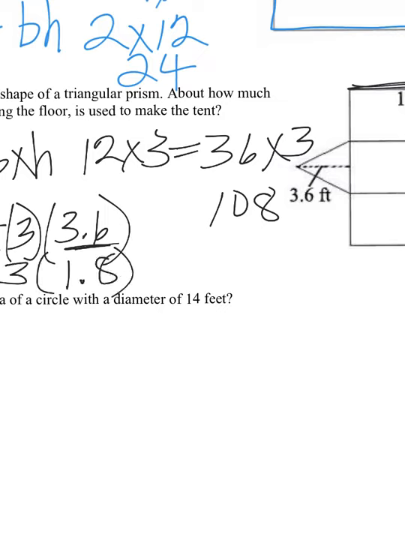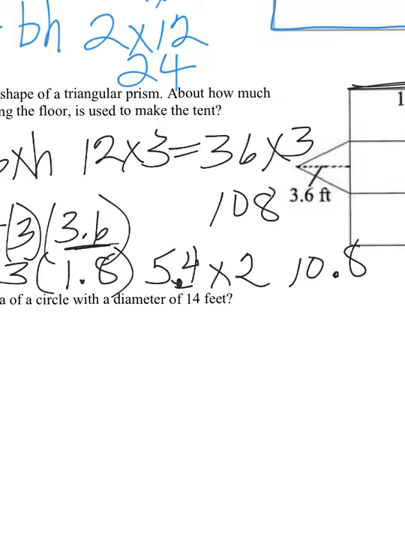Then you'd multiply 3 times 1 8/10, and then move the decimal over 1. 3 times 18, that's right, 3 times 18 is 54, and bring it over 1, which will give you 5 4/10. Times 2 would be 10 8/10.